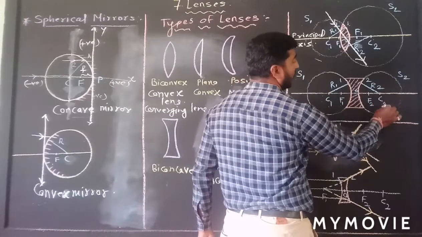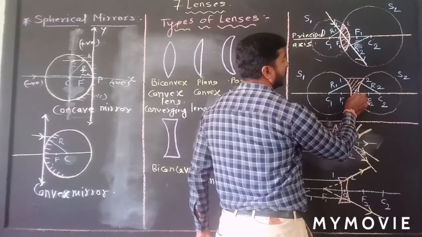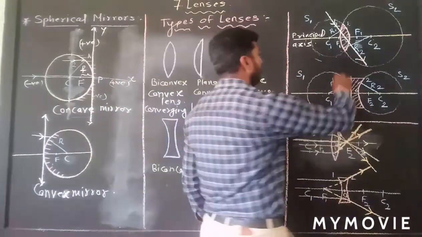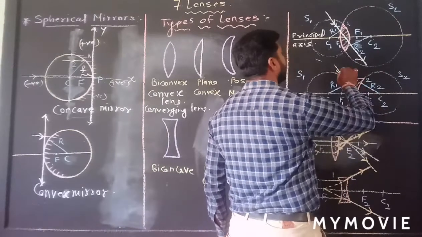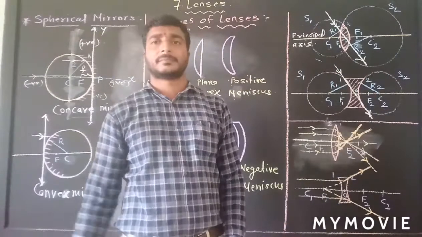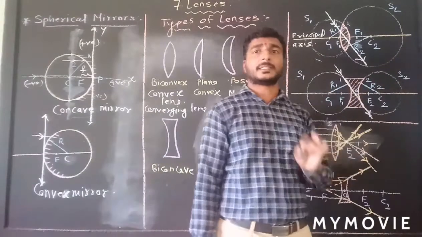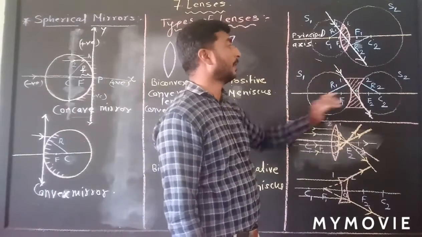So its center of curvature is C2, principal focus F2, radius R2, and this is O, the optical center, the center of the lens. When a ray of light passes through the optical center, it does not change its direction. So without changing direction, light can pass through the optical center, the center of that particular lens, concave or convex.